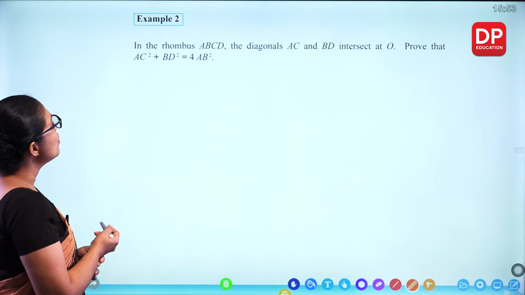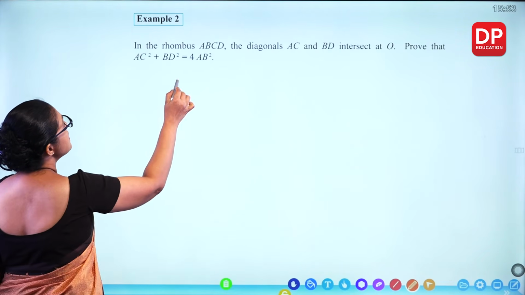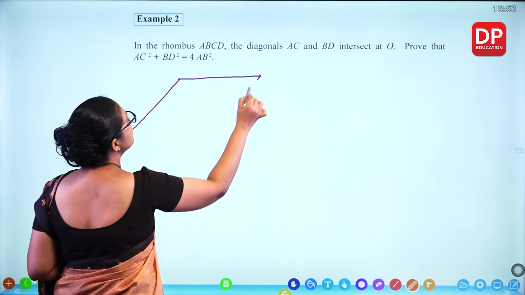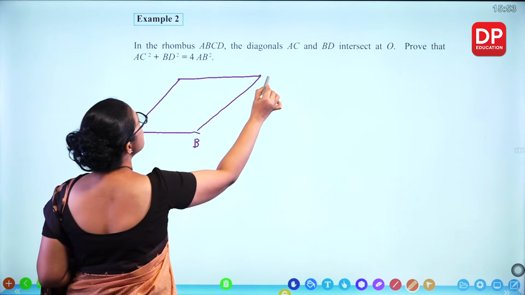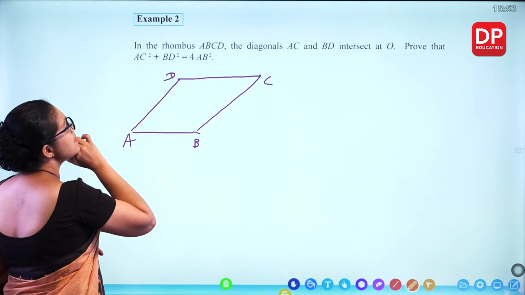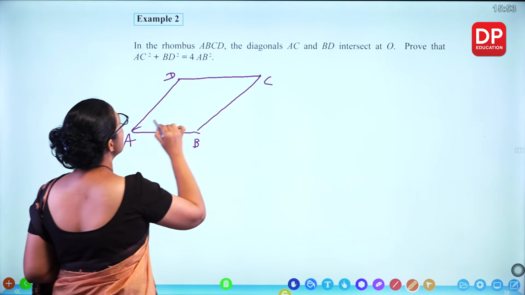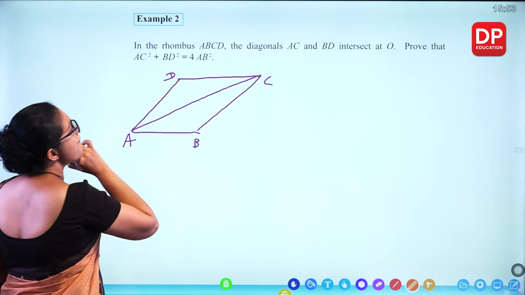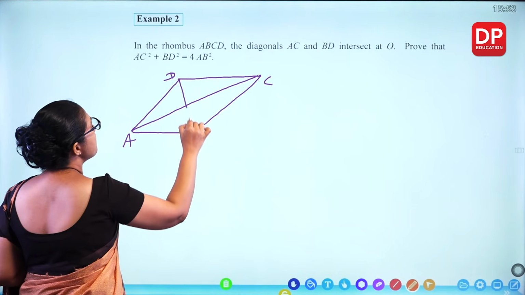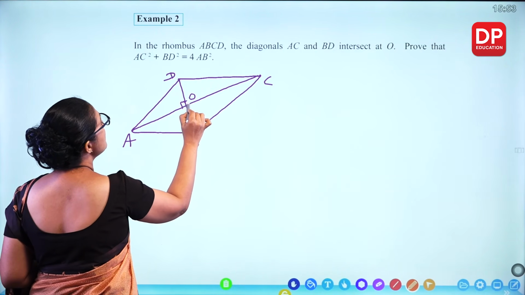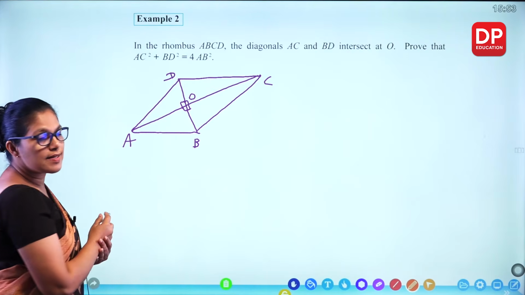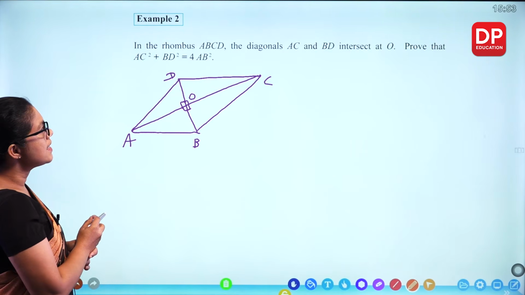Example number 2. In the rhombus ABCD, diagonals AC and BD intersect at O. And also we know this is 90 degrees. Diagonals bisect at 90 degrees.